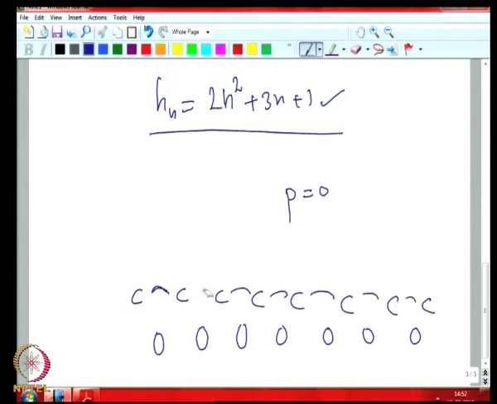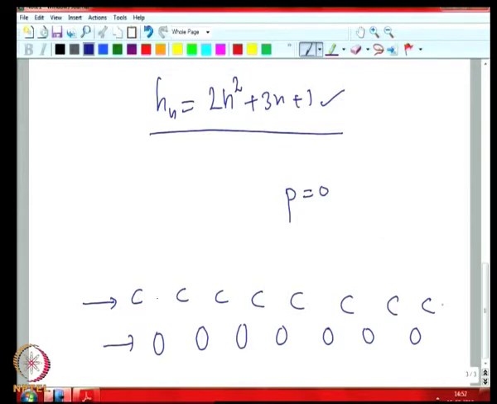So, therefore, this here is a 0 degree polynomial.